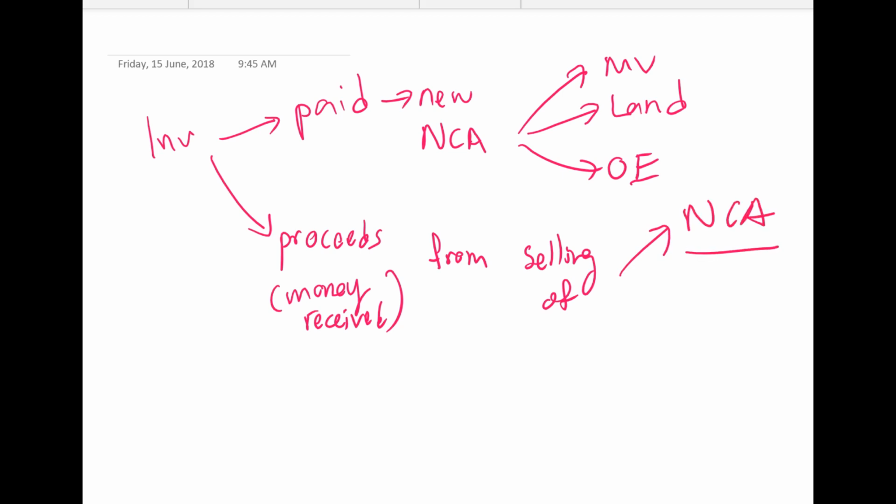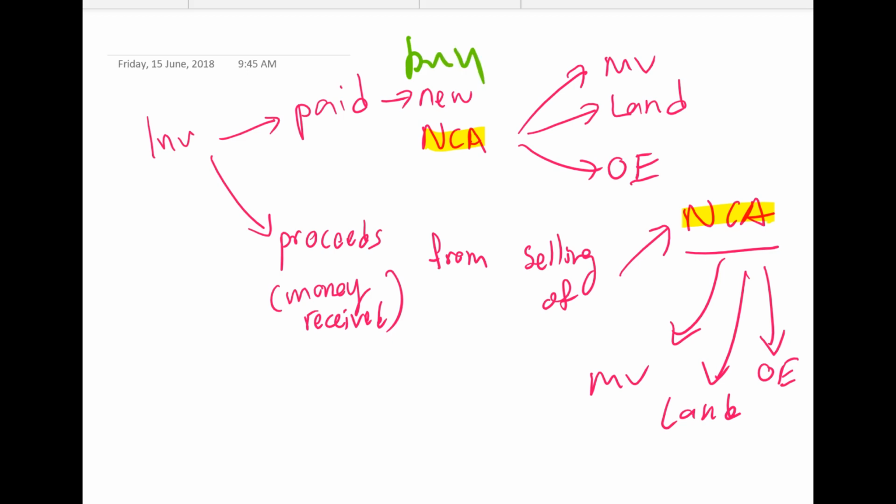For example, I sell off my motor vehicle, my land, or my office equipment. So investing activities is something to do with your non-current assets. Whenever you buy or sell non-current assets, you might need to pay money, or you might receive money from selling them, and everything needs to be recorded in investing activities.